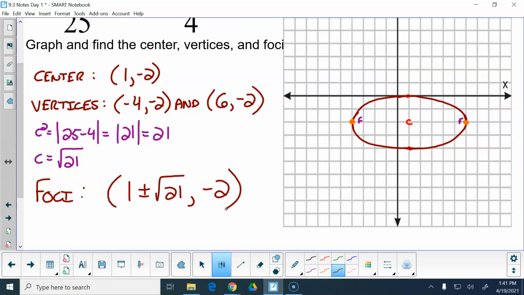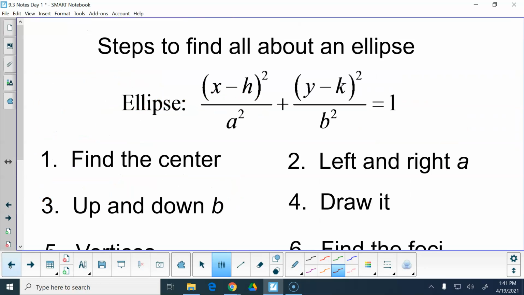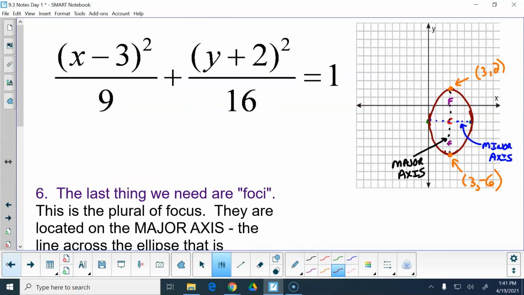What do you got? I don't understand. Wait, so why is that? I did it in a different order. Because the major axis is horizontal. So if the x is bigger, then you would go that one first, and then you would keep the y. On the last one that we just had, though, the number underneath the y was bigger.